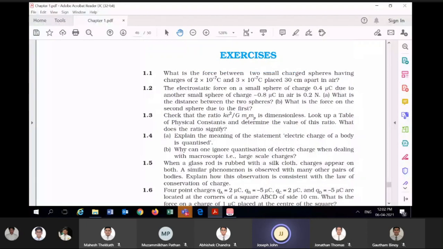Page number 46, 1.1. Tell me one of your boys' names in the class. Abhishek is here? 12C.